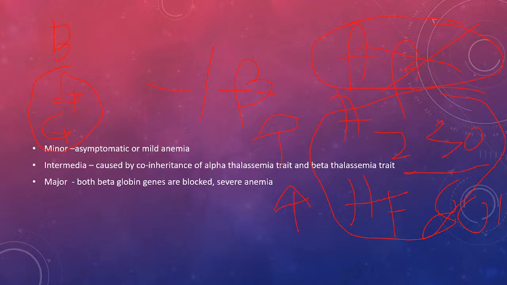All right? Everybody understands the difference? Was I able to clear some of the misunderstood information about thalassemias? This is the easiest way for me to differentiate alpha, beta, major, minor, and intermediate for you guys. That's how hard it is for many people who are studying for their board exams.